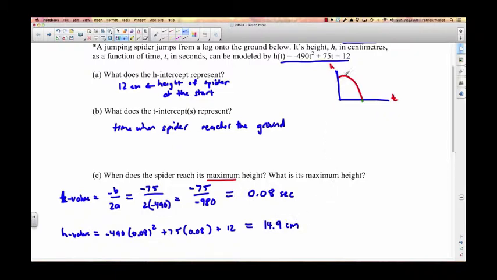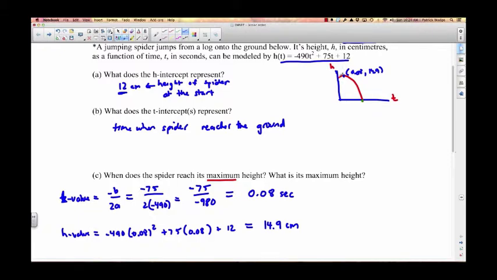So the highest point it reaches, this vertex right here, the vertex is 0.08, comma 14.9. The first number is the t number, so that's the time. It's 0.08 after he jumps that he hits that highest point. And the 14.9 is the h value, so that's the height. Now, does that seem reasonable? It says here, back here, that he started at 12 centimeters and he got up to 14.9.